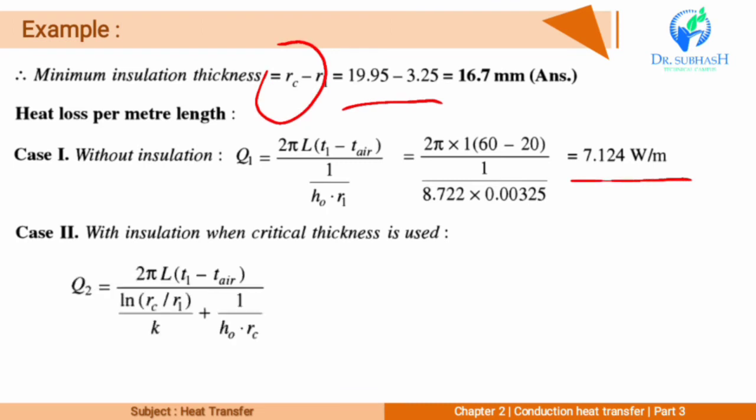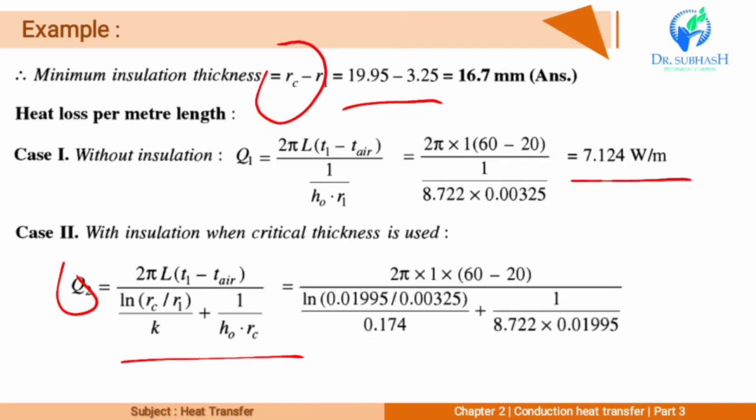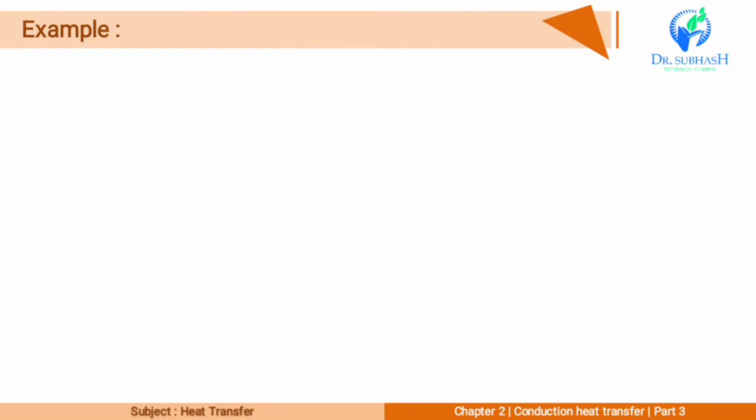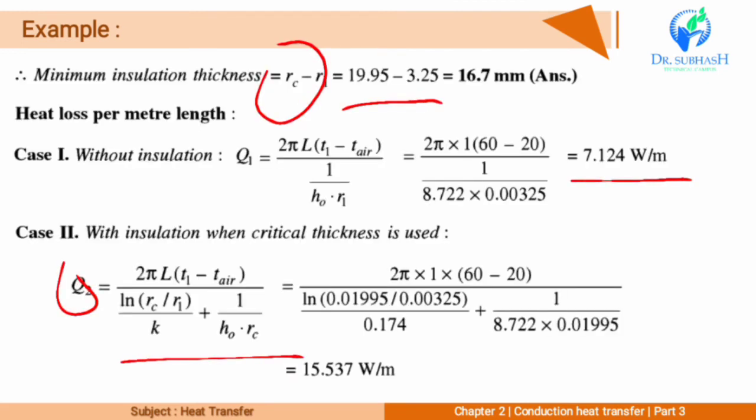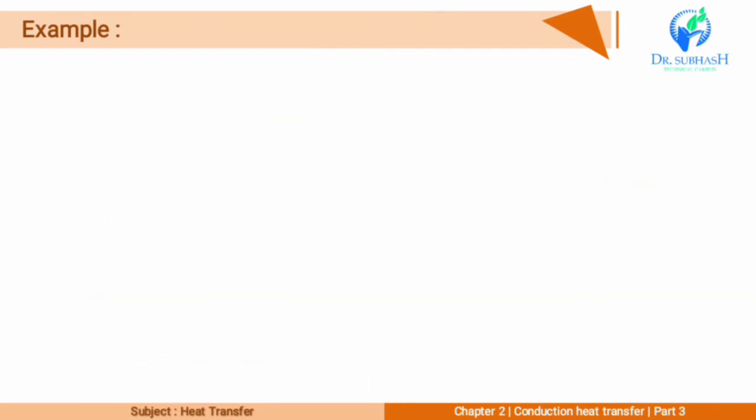So that equation, say Q2, is equal to 2 pi L into the temperature difference T1 minus T infinity divided by the R thermal total. That is ln of Rc by R1 divided by K plus 1 upon h0 into Rc. Putting the values in this equation, we get 15.537 watt per meter.